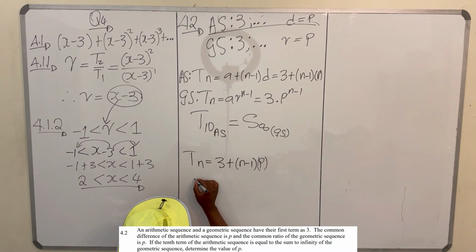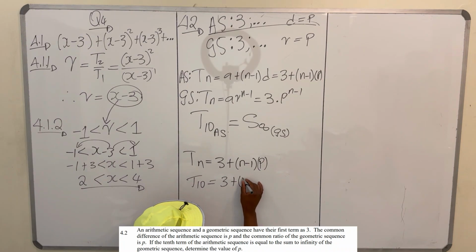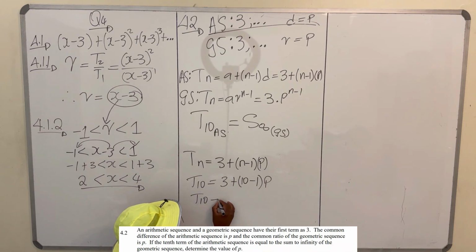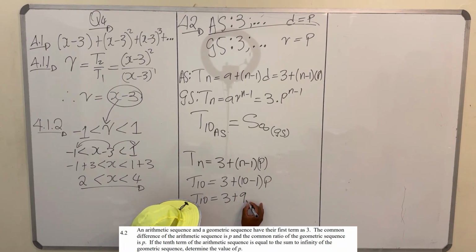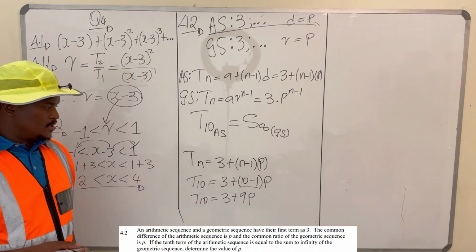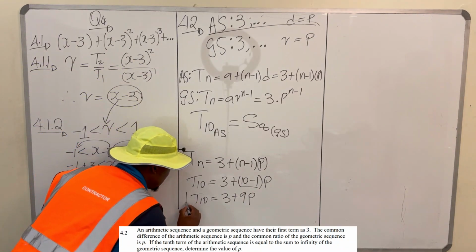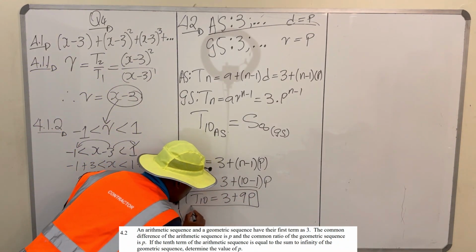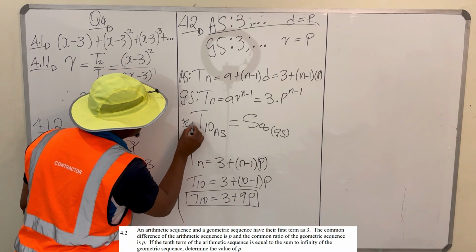If you want T10, it's equal to 3 plus 10 minus 1 times P. So your T10 is equal to 3 plus 9P. Oh, sorry, because this is 9. Yes, you are right. So this is your T10.